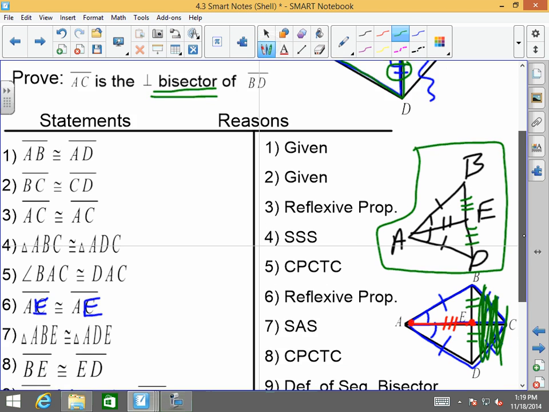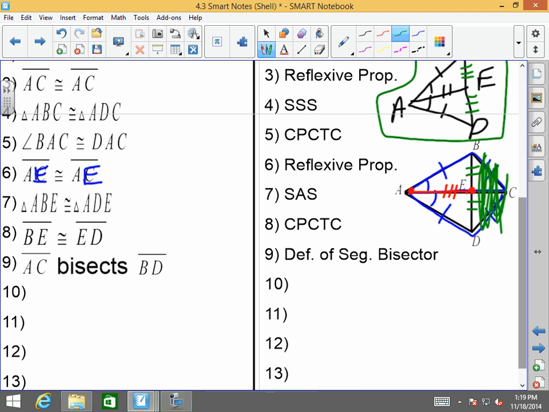So we have to prove that it's a bisector and that it's perpendicular. By proving that BE is congruent to ED, now we know that AC bisects BD, definition of bisector. Now, I've been trying to get this last step for a while, guys. What else can we prove that is congruent? Because of CPCTC.